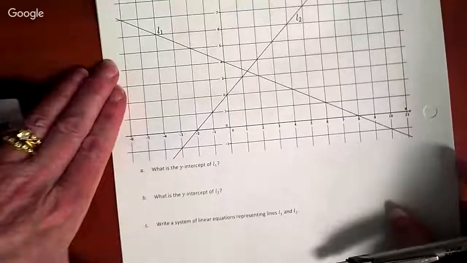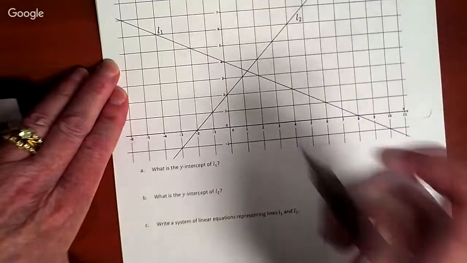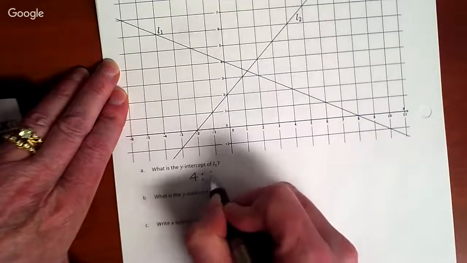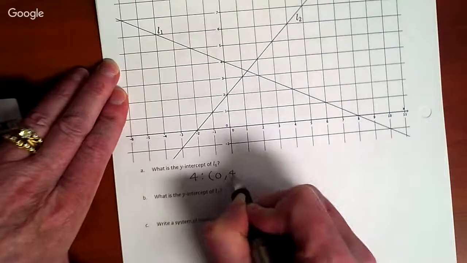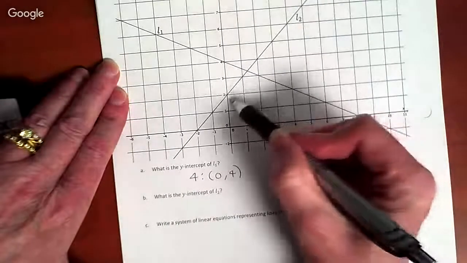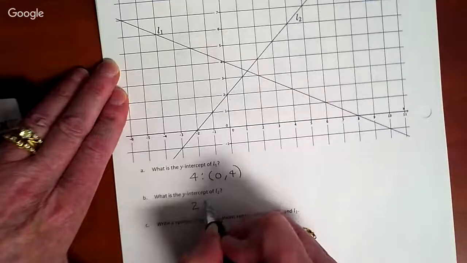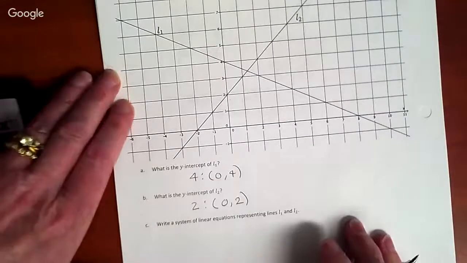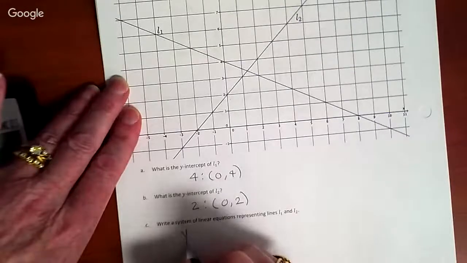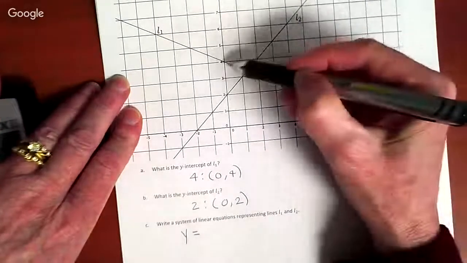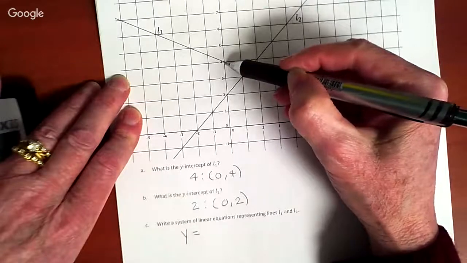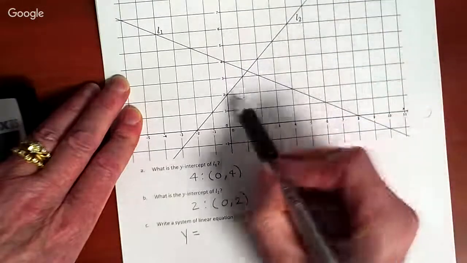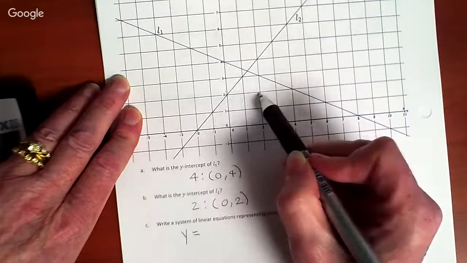What is the y-intercept for line 1? Y-intercept is 4. 0, 4. For line 2 is 2. For 0, 2. The system of equations would be y equals, for line 1, down 2 and over 4. 1, 2, and 1, 2, 3, 4.